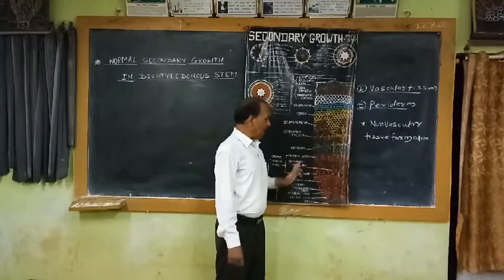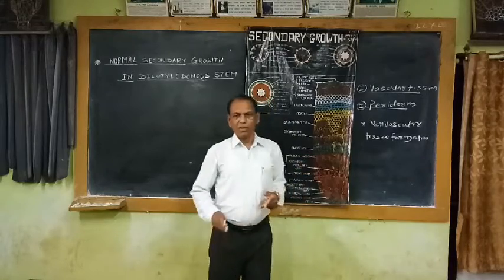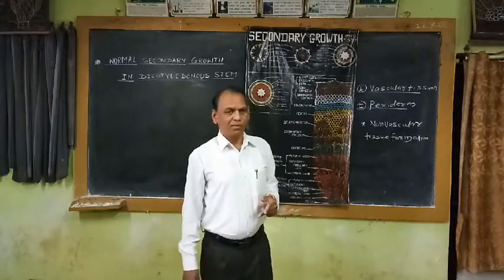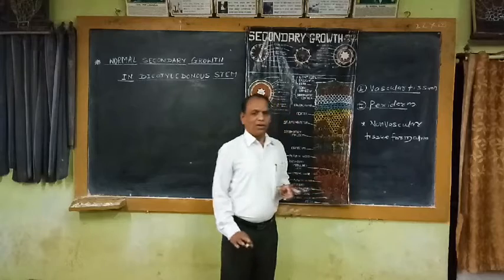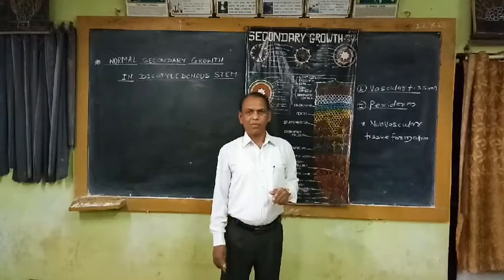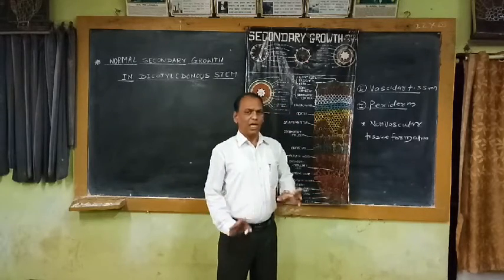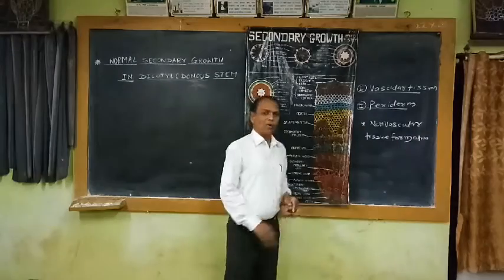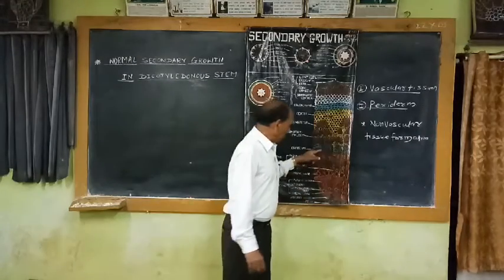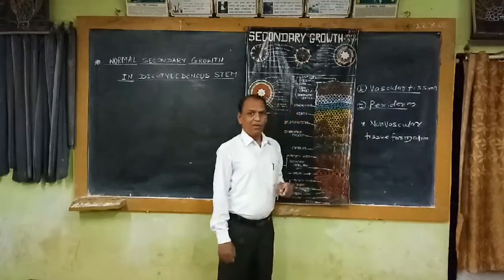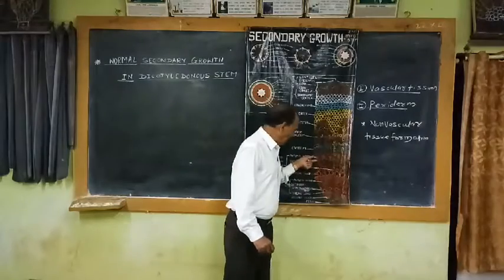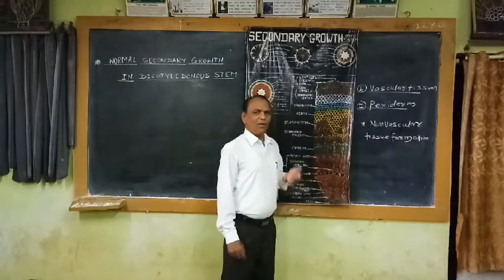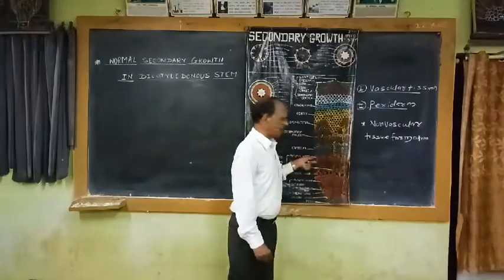And afterwards, during winter season, mostly trees shed their leaves, perennial plants shed their leaves, and automatically the demand for water and nutrients decreases. At that time, cambium ceases its activity and produces very small size and very few cells of secondary xylem.